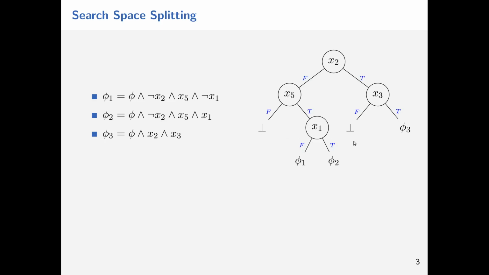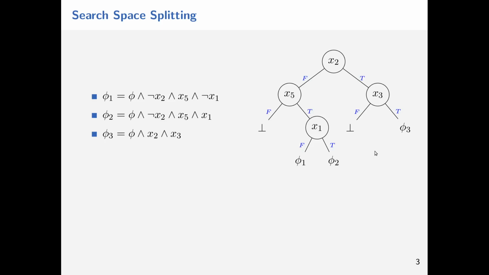We might get some UNSAT even during the splitting of the formula, but if we do the splitting, we might get, for example, phi1, phi2, and phi3, which are just the constrained versions of the original phi problem with the path from the root to the leaf of that subformula itself. All of these subformulas will then be given to sequential SAT solvers to be solved in parallel.